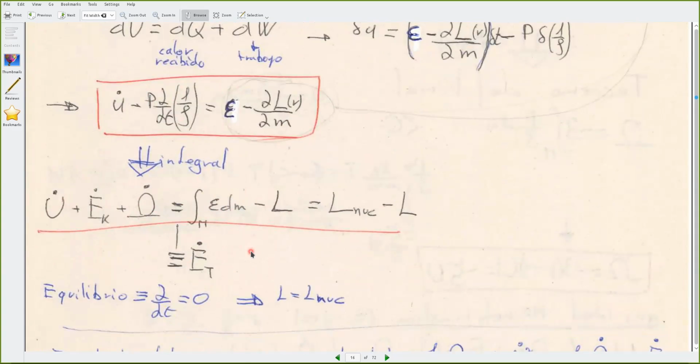That makes sense because if more energy is produced than goes outside the star, the internal energy of the gas has to increase.